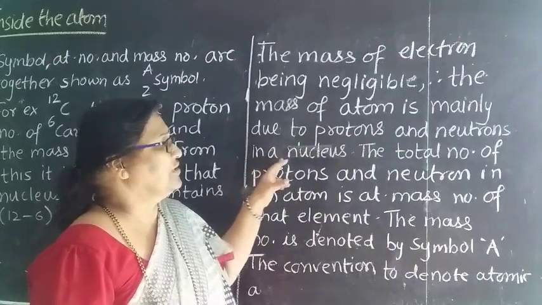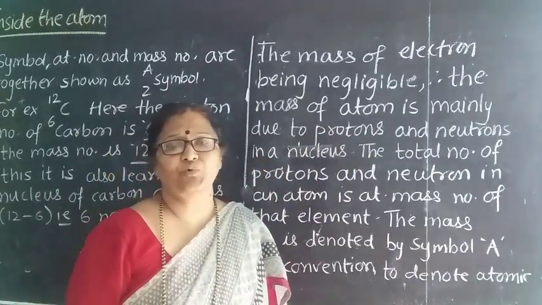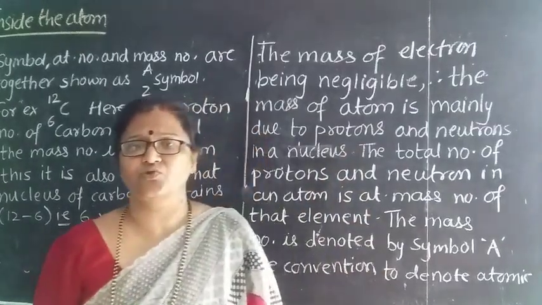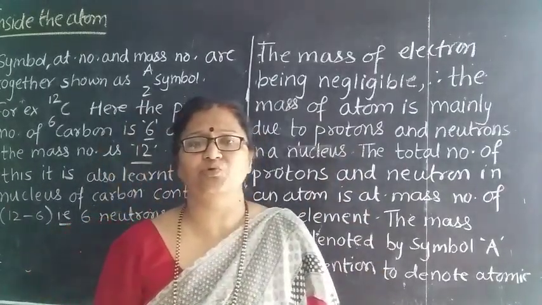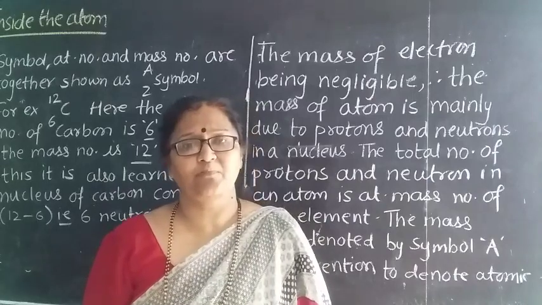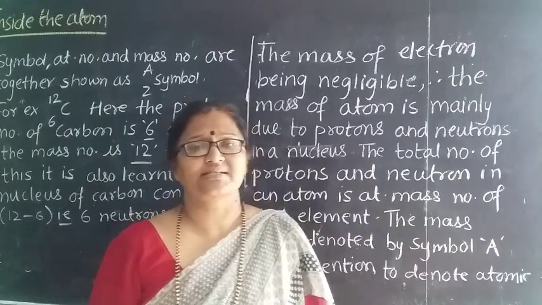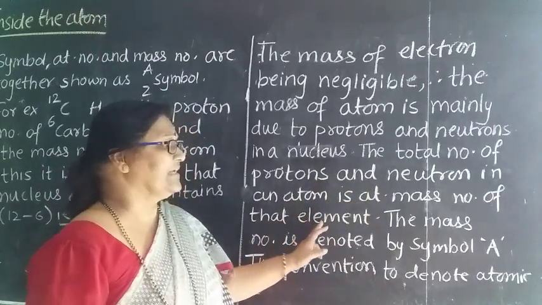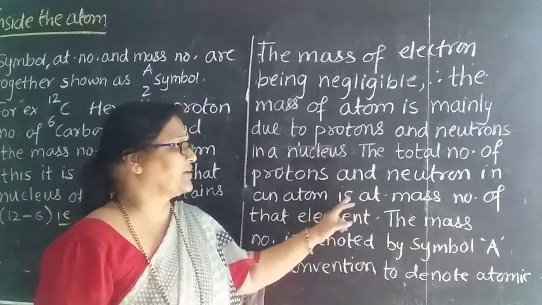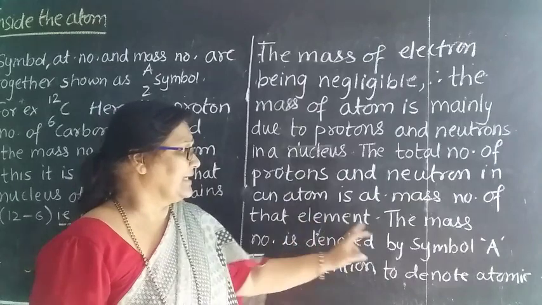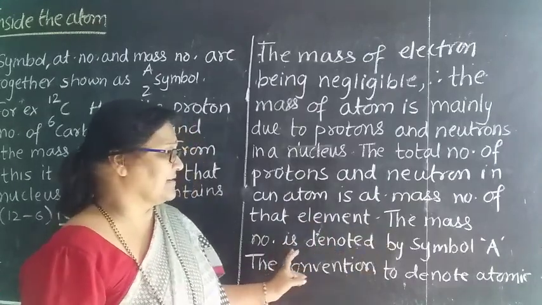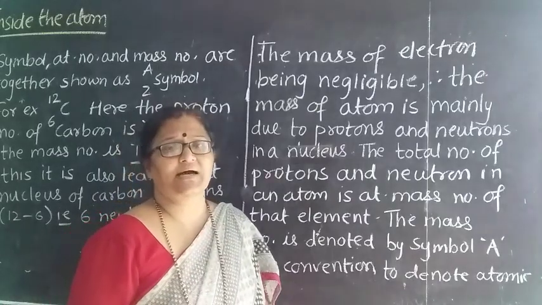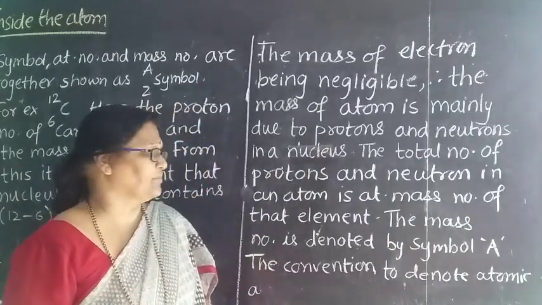The total number of protons and neutrons present in the nucleus makes the atomic mass of the atom. The mass number is denoted by the symbol A.